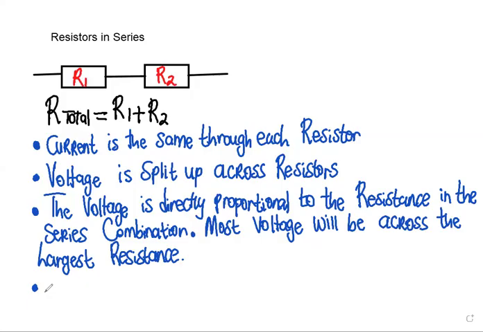Then you must also know the voltage divider. Because the voltage divides, the current is the same through each resistor. And I think that is it with regards to the series combination.